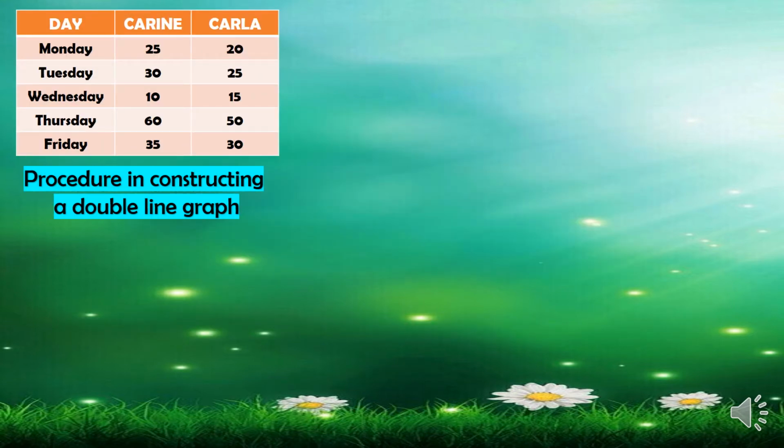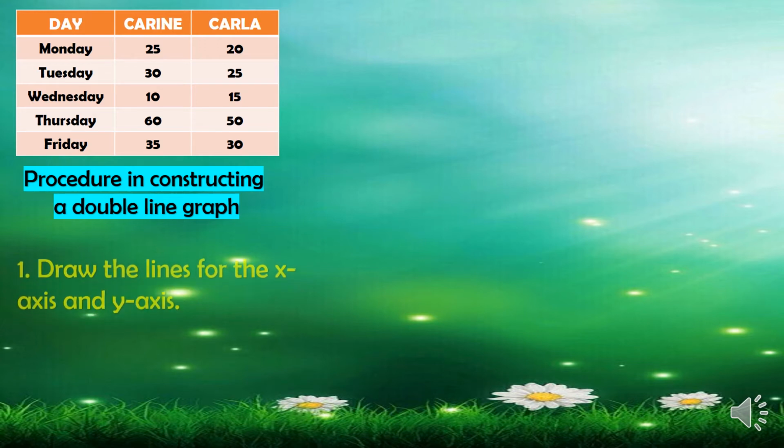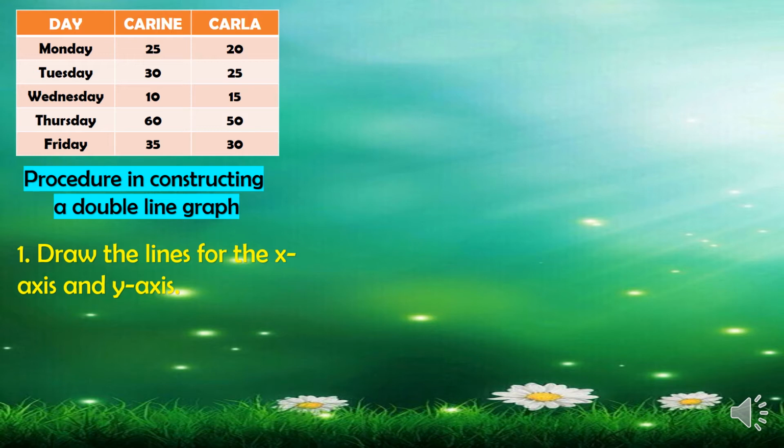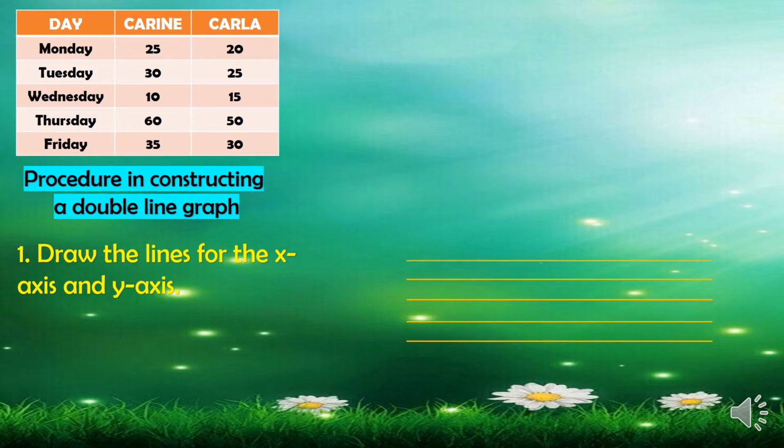So here is a procedure in constructing a double line graph. So first, draw the lines for the x-axis and y-axis. So here is the x-axis.